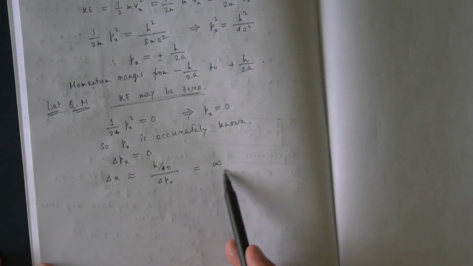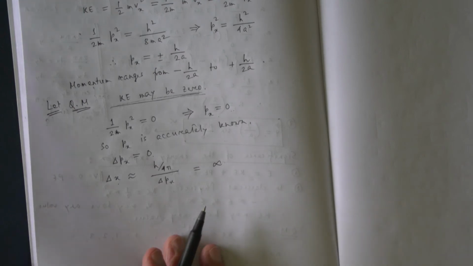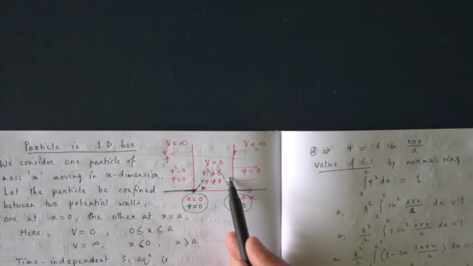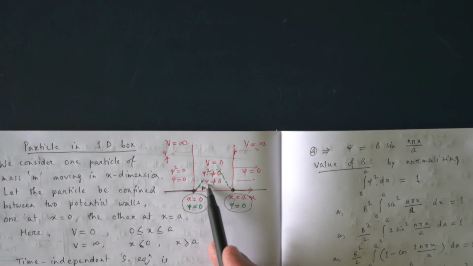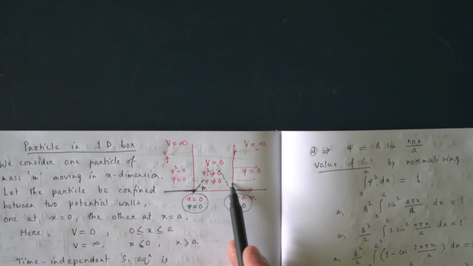But that is not possible. Why? Because the particle is here within the region x equal to 0 to x equal to a. So uncertainty in position cannot be infinite.